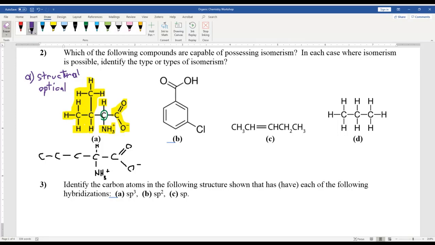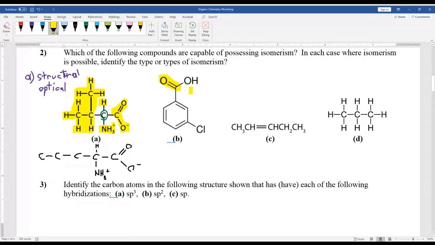But unfortunately, for something to be able to have cis trans isomerism, you have to have two different groups bonded to each double bonded atom. And oxygen is not capable of having any groups attached to it. It looks incomplete, so to speak.